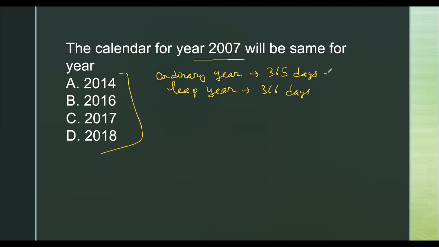If I divide 365 by 7, I will get the remainder 1. If I divide 366 by 7, I will get the remainder 2. That means these are the odd days: 1 in an ordinary year, and in a leap year we get 2 extra days.